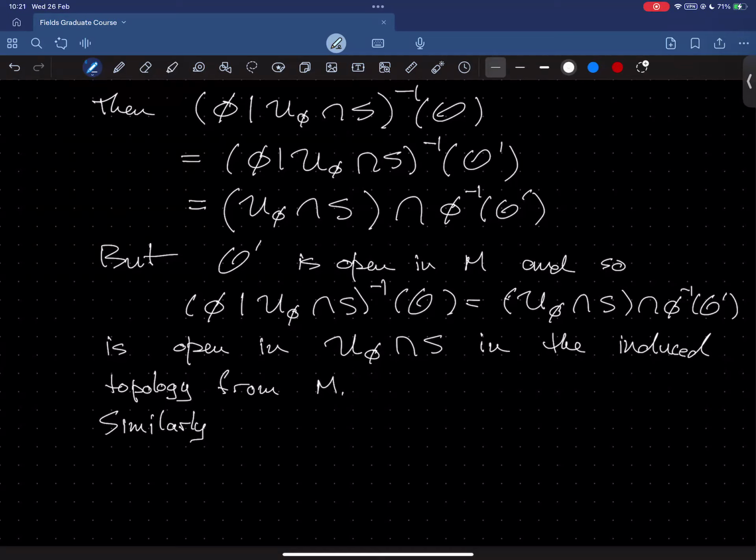Okay. So similarly, one shows that phi restricted to U phi intersect S is open. Okay, and I should say open onto its image.